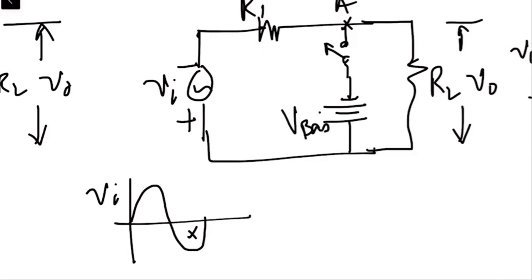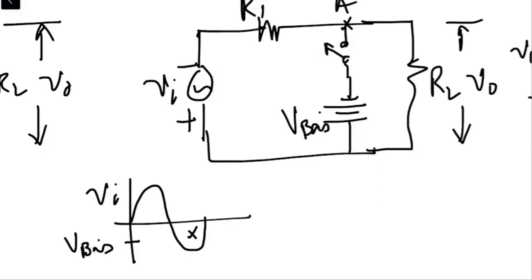So as long as this V input in the negative direction is less than V bias, the diode will remain as an open switch, right? Or what we say is that the potential at point A is less than V bias in the negative direction, right?